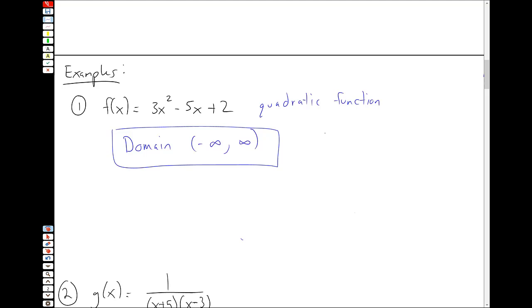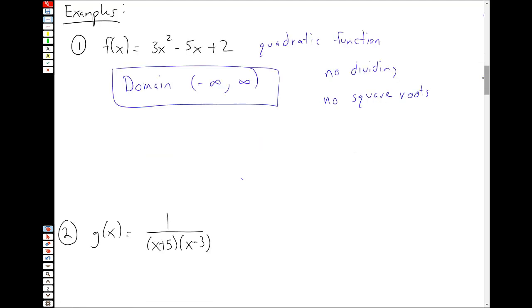Okay, and again, that's because there's no dividing and no square roots. So this is almost like the perfect case scenario. This is a very, very nice function in terms of domain. Okay. Now remember this interval notation here, negative infinity to infinity, that means the whole entire real line. We're not getting rid of anything.